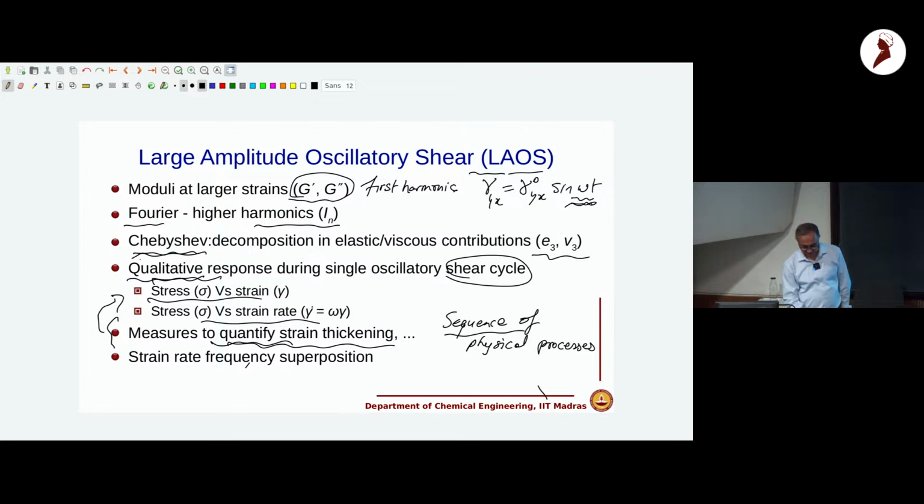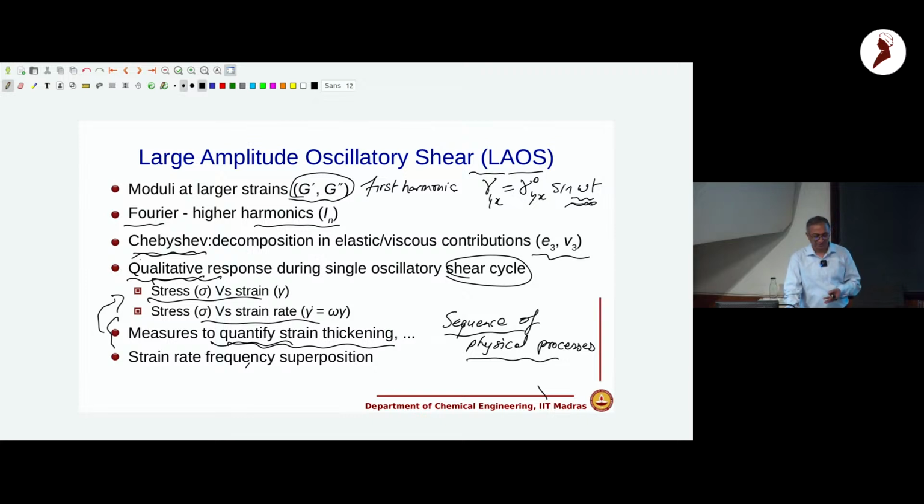So this sequence of physical processes attempts to evaluate modulus and other quantities throughout the cycle. And we then look at it in a Cole-Cole representation itself, basically real versus imaginary, G double prime versus G prime, a representation of the overall cycle, but in the modulus domain rather than in the stress and strain domain.